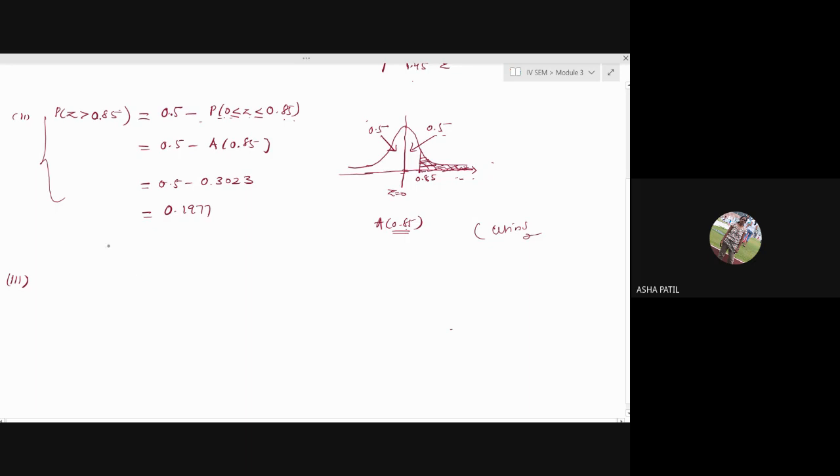Usually in the exam, if this example is given, they will give you A of 0.85 is equal to 0.302. They will give this value and say that you have to find this probability. So at that time you need to write these steps. This is the calculator value that will be given to us, or whatever is the table value that is given to us.